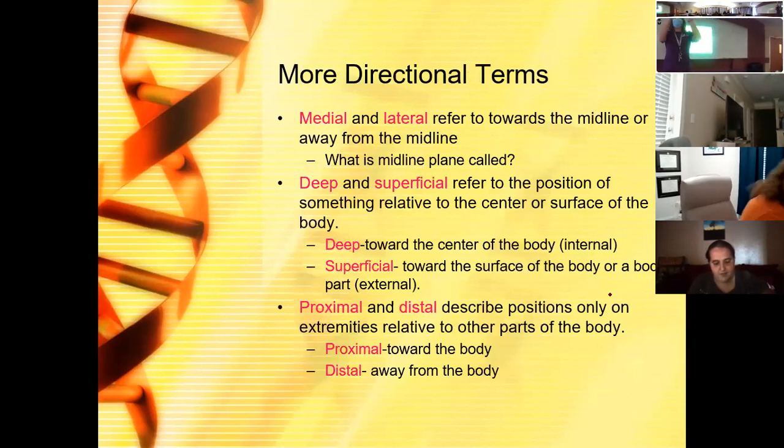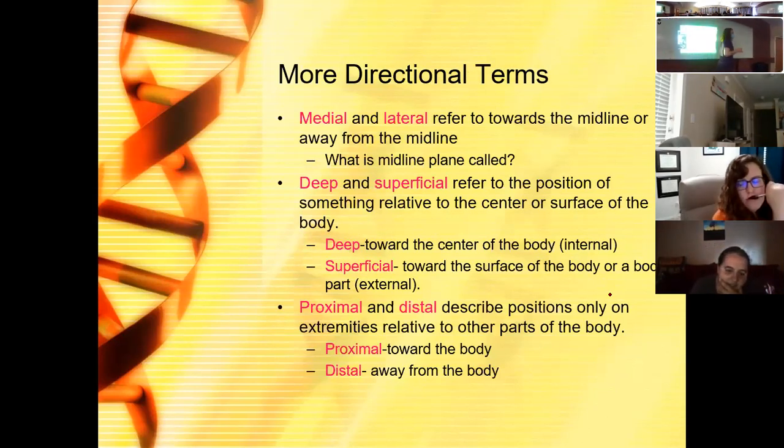Medial, towards the middle. Lateral, towards the sides. Deep, superficial, refers to where it is on location, either on the outside or moving inward inside the body. Proximal, towards the trunk. Distal, away from the trunk.